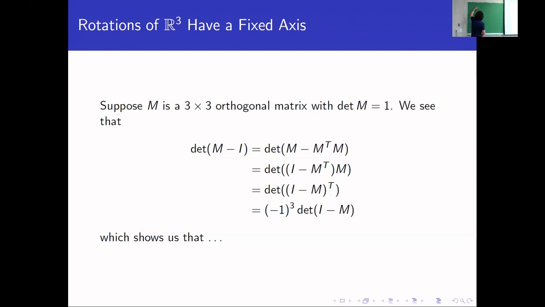Okay, so the determinant of I minus M transpose would be equal to the determinant of I minus M, which is equal to, now let's look at, M minus I. That's what I really want. So that's the negative of this.